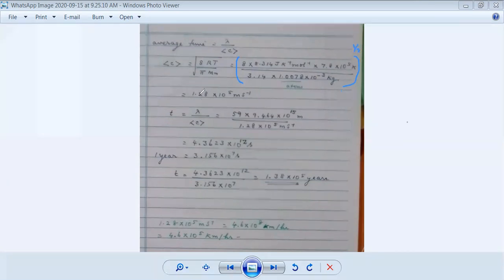So what you are getting is 1.28 into 10 power 5 meter per second. So this is the average velocity.